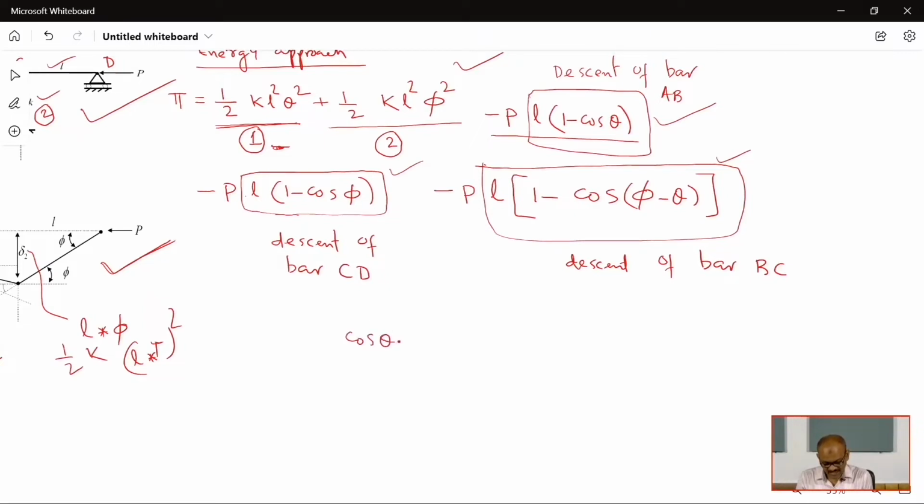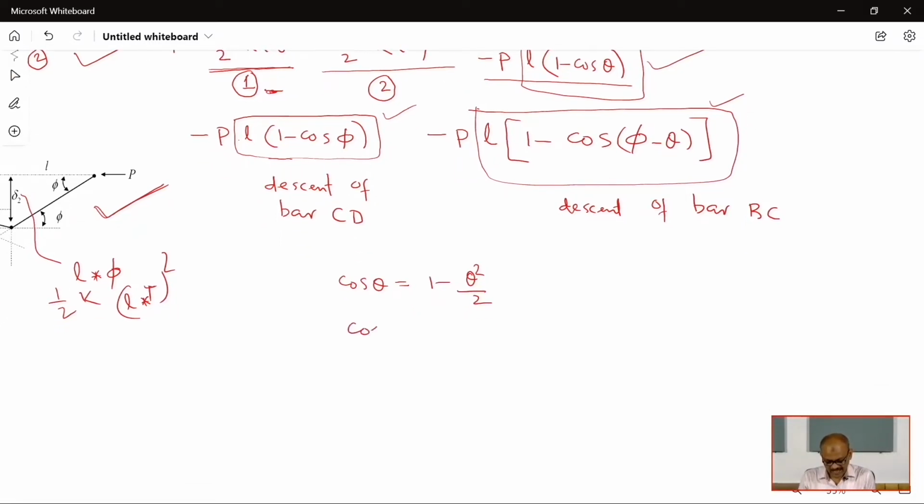theta as 1 minus theta square by 2, you can approximate it, and cos phi as 1 minus phi square by 2, and cos of phi minus theta we can write as 1 minus (phi minus theta) whole square divided by 2.